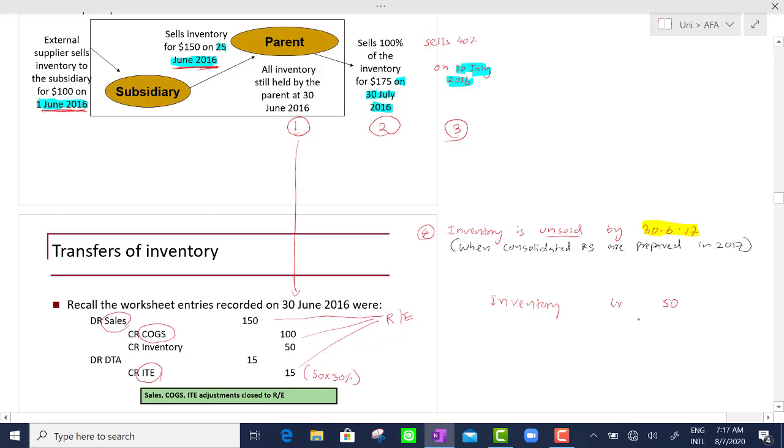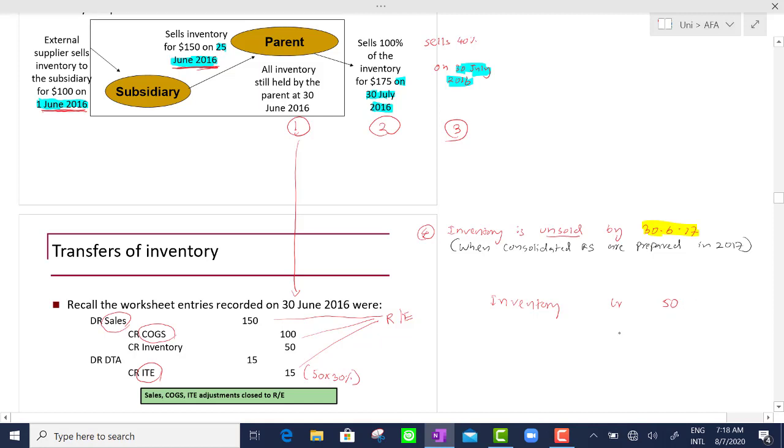Then the deferred tax asset will be the same. You can think that when inventory is credited, inventory being an asset, the asset is credited, therefore the carrying amount decreases.